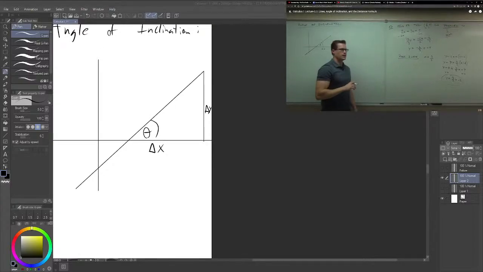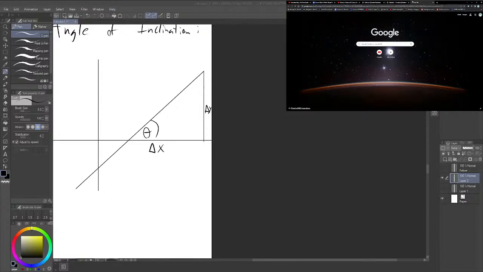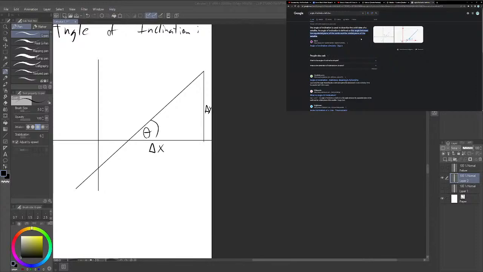Real quick, gonna look up angle of inclination. The angle between the equilateral plane of the Earth and the orbit. Okay, I don't think that's the same thing.